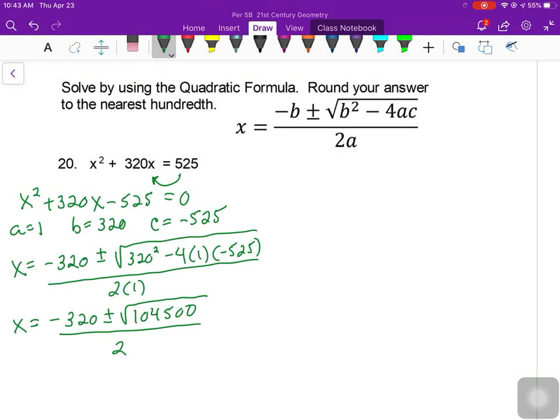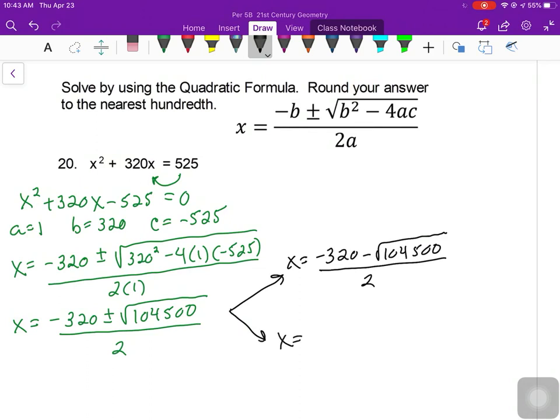And now it becomes split into the two pieces, one using the negative: negative 320 minus the square root of 104,500, all divided by 2. The other using the positive: x equals negative 320 plus the square root of 104,500, all divided by 2.